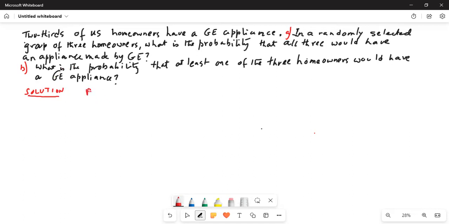Probability of owning a GE appliance is equal to 2 out of 3, which is 0.667. Okay. Now, our sample size, we are selecting 3 homeowners.